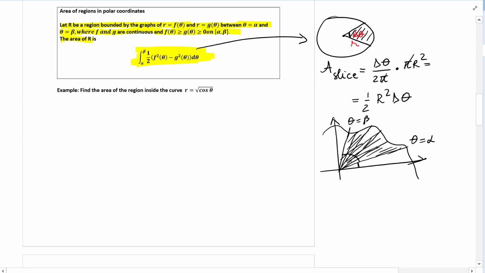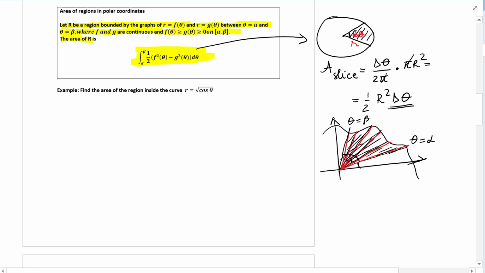Then, I remember from Calc 2, we are going to add all these slices, right? And we set that delta theta to approach 0, so these are really tiny angles.